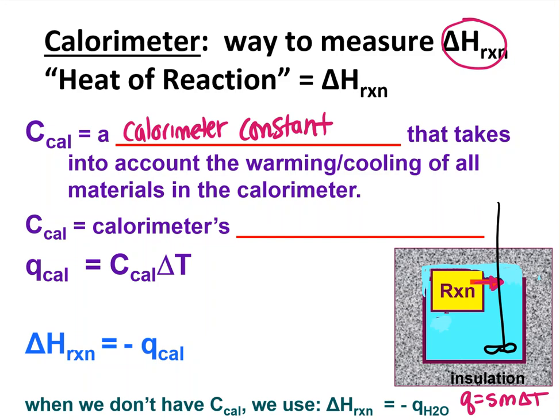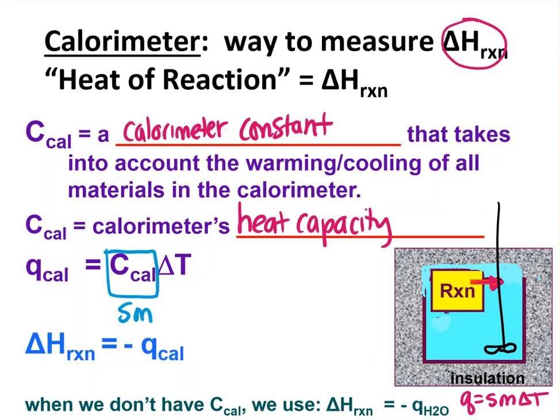It takes into account all of the heating and or cooling of that. So another word for this calorimeter constant is that it's the calorimeter's heat capacity. And so in a way, you can think of this C-cal, it kind of takes the place of the specific heat and mass.